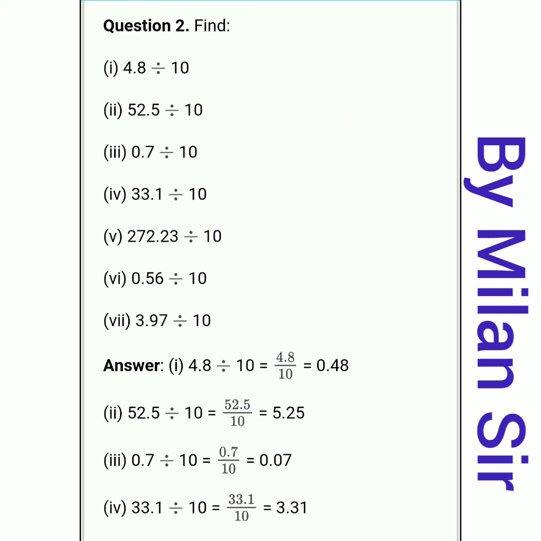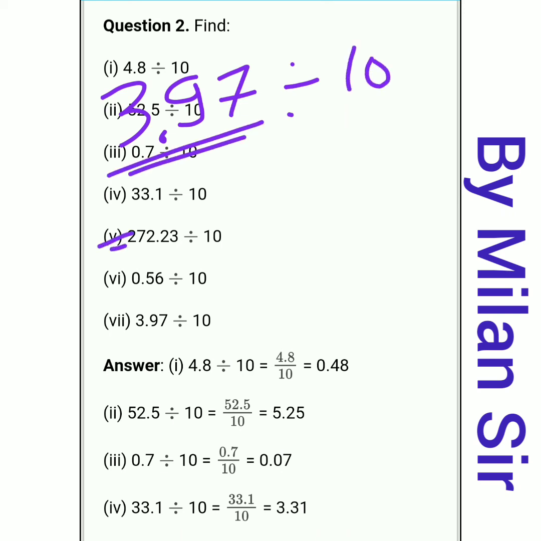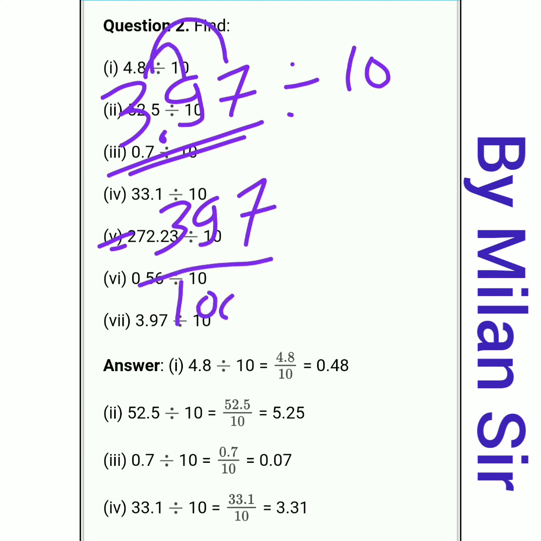Then question number 7: 3.97 divided by 10. First of all we need to convert this 3.97 into a fraction. For that we ignore the decimal point, so it becomes 397. Now after the decimal point two digits are present, so in the denominator we need to write 100, two zeros, right? Now we convert this division into multiplication.